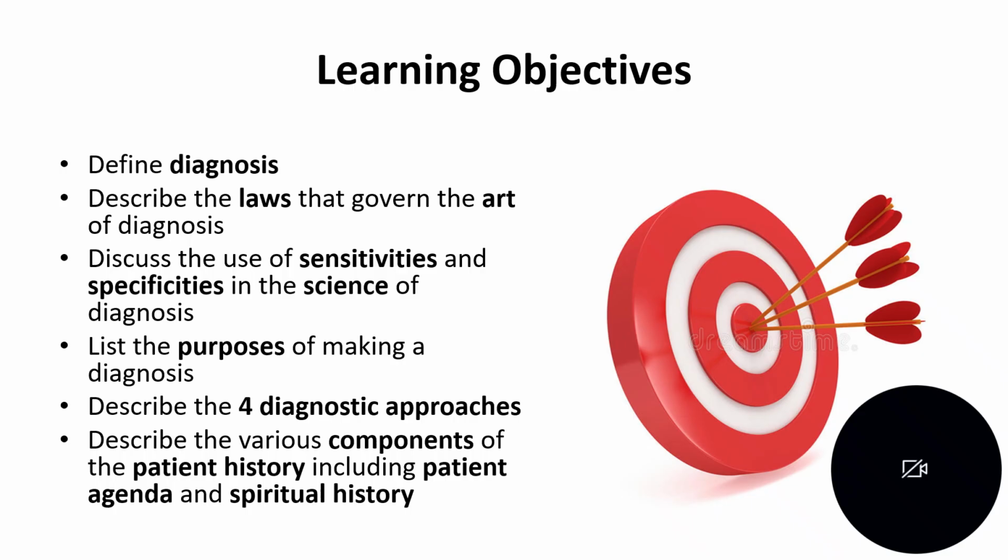You will list the various purposes of why a diagnosis is made in the chiropractic situation or the medical situation. We would expect you to describe in detail the 4 diagnostic approaches and describe the various components in the patient history, including patient agenda and the spiritual history.